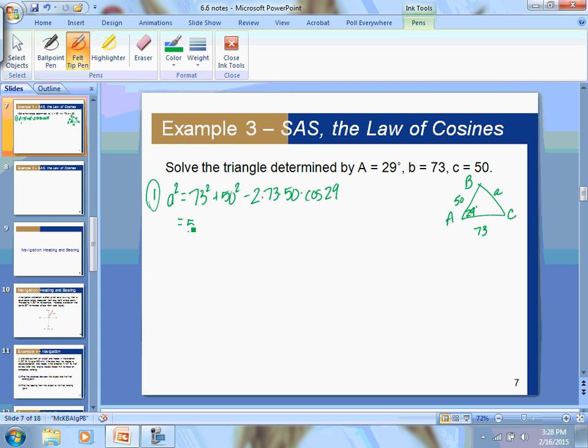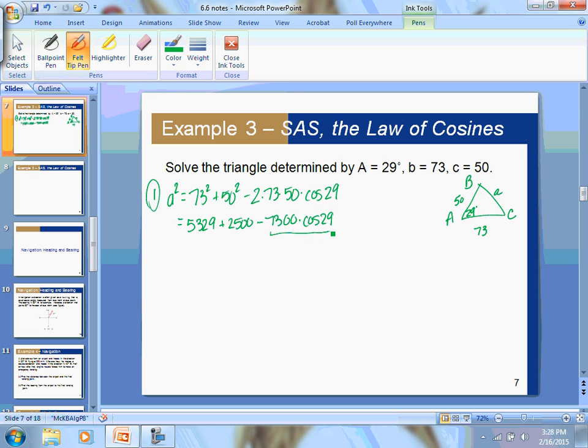73 squared is going to be 5329. 50 squared is 2500. And then you could do this a couple different ways. You could do 2 times 73 times 50, which is 7300, and then the cosine of 29. Or you could take 2 times 73 times 50 times the cosine of 29.